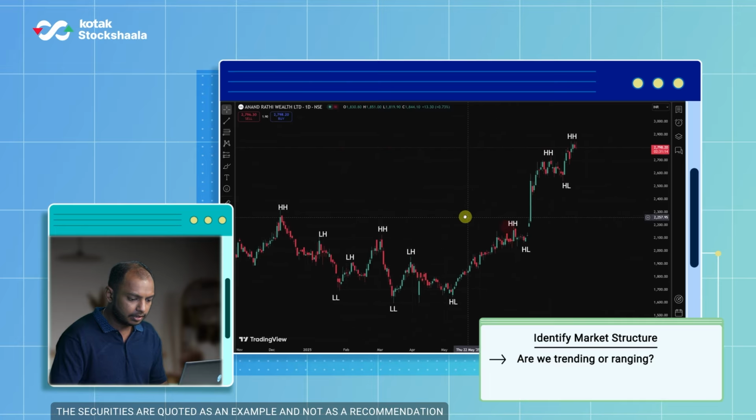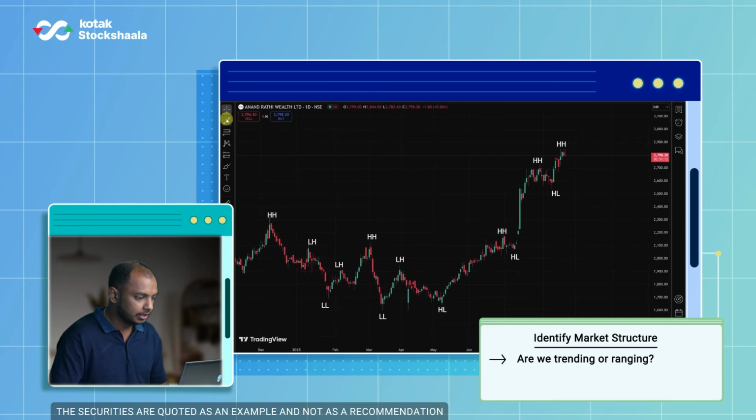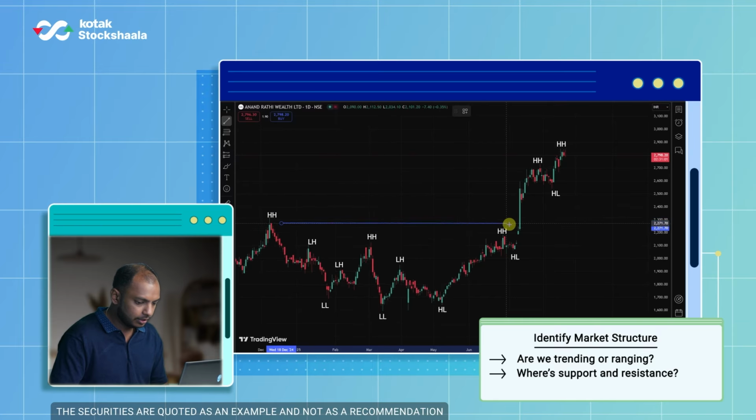Now I will also mark the support and resistance lines that will help me make further decisions. As you can see, this is the most recent all-time high of Anand Rathi. So I'm going to draw a line here.